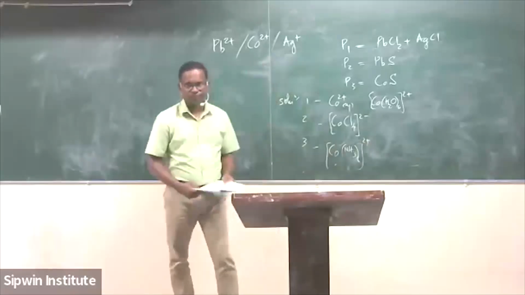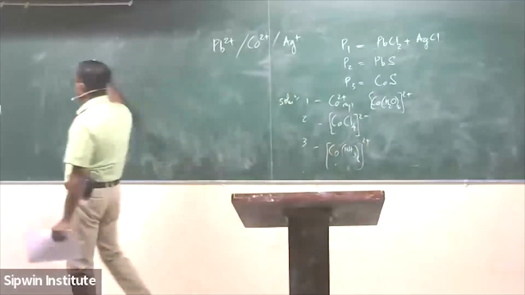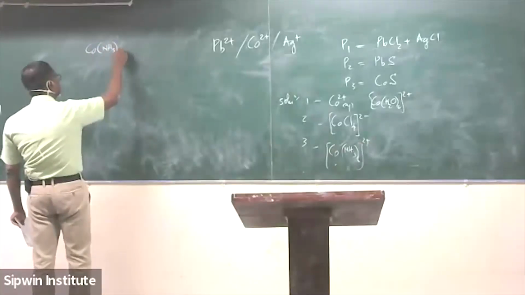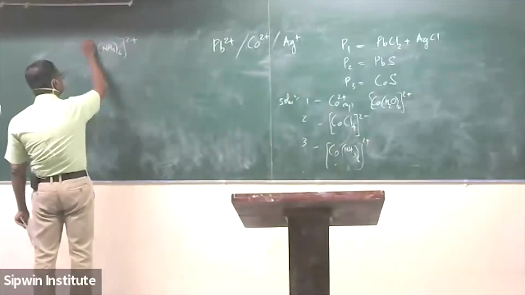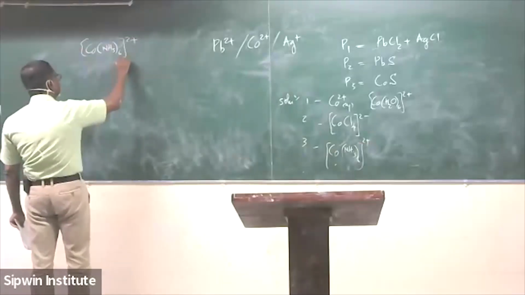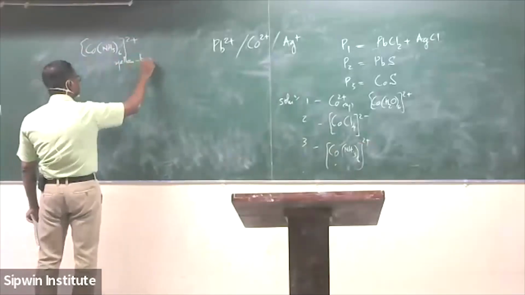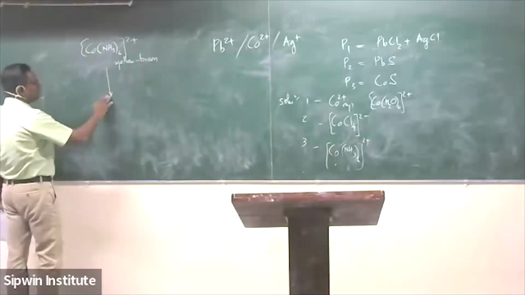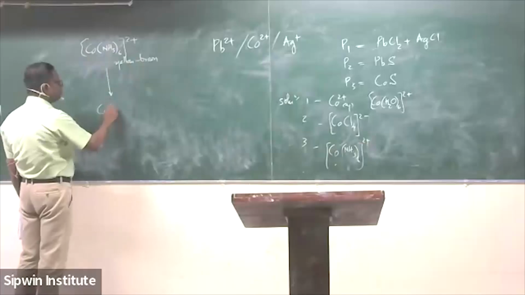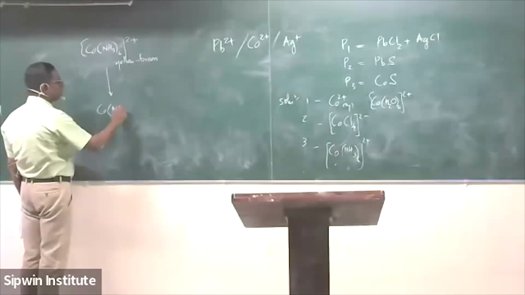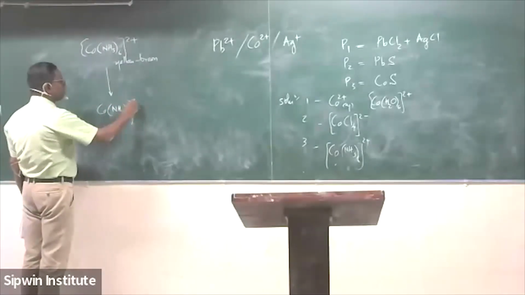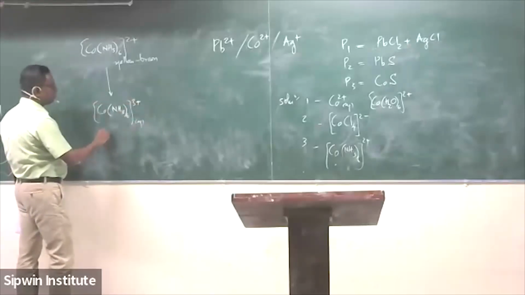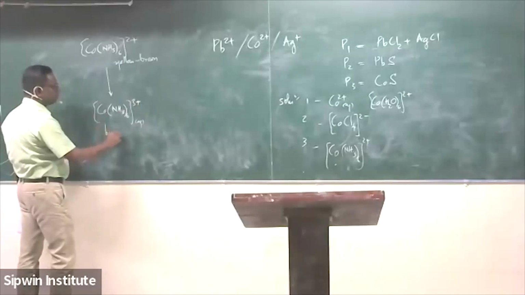This one is yellow brown, or brown yellow. With aerial oxidation it slowly passes into Co(NH3)6 3 plus. This one is brownish red, brown to red color.